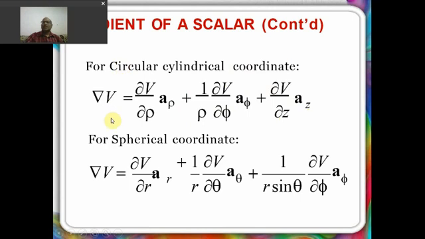In the spherical coordinate system, we have r, theta, and phi as our three coordinates. So in spherical coordinates, del V by del r ar, plus 1 by r del V by del theta a theta, plus 1 by r sine theta del V by del phi a phi.